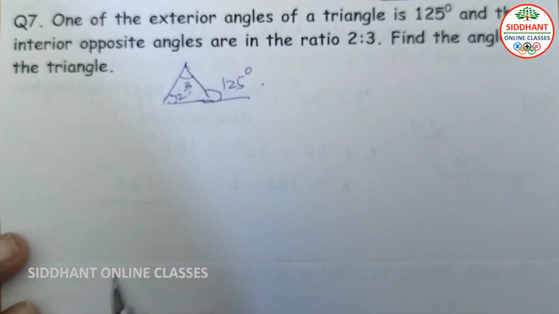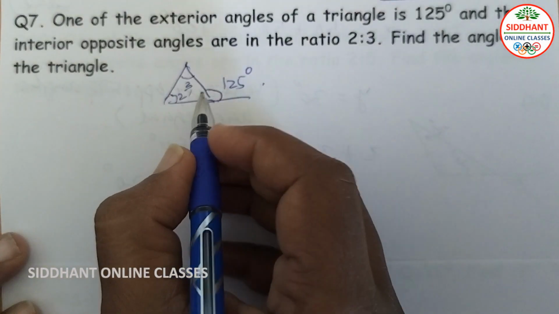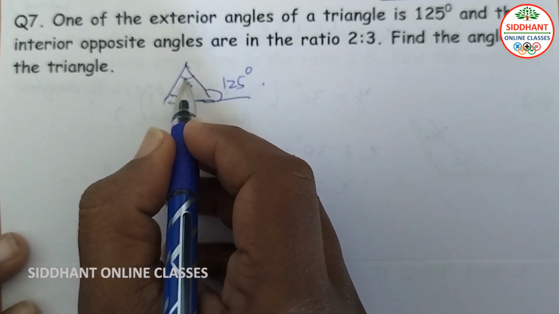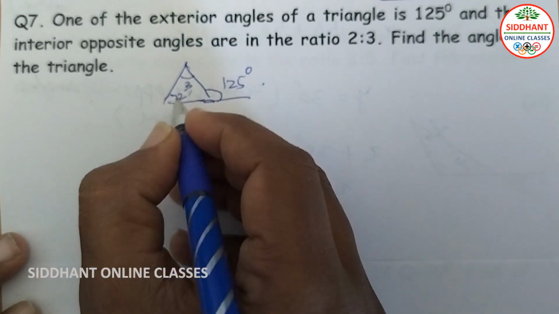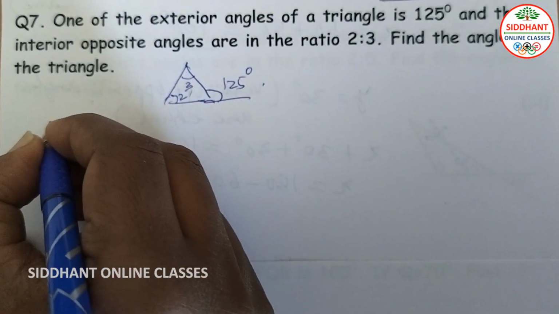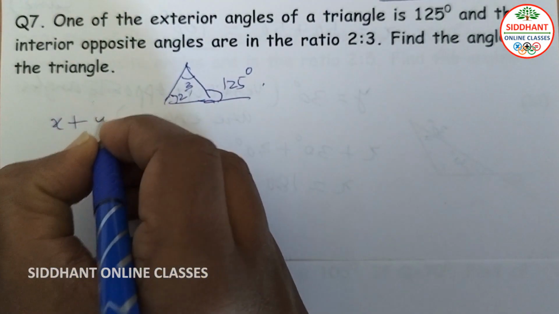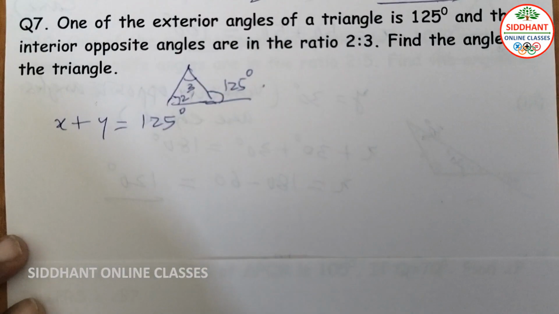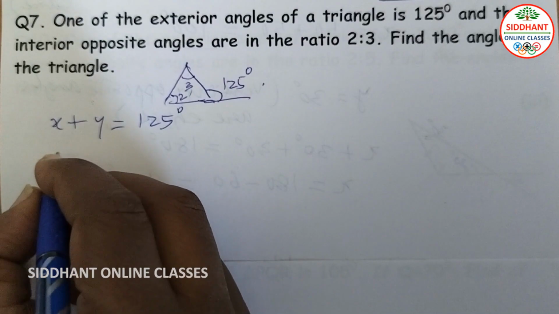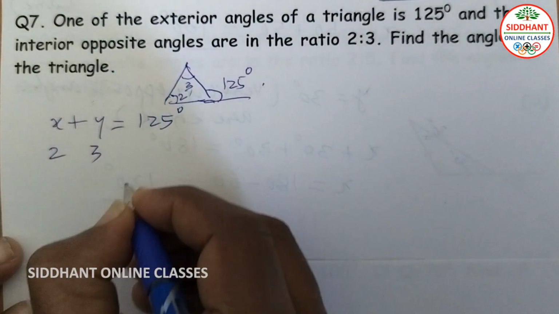We know that the exterior angle is equal to the sum of the two interior opposite angles. So x plus y equals 125 degrees.